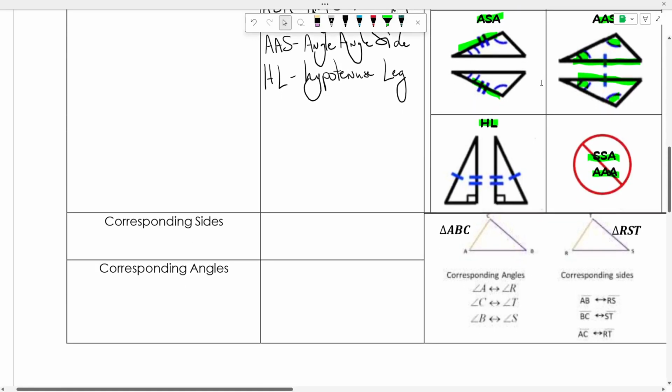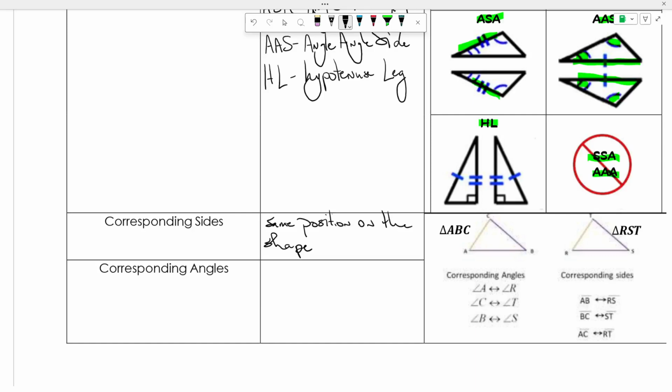Now the corresponding sides of triangles are the sides that are in the same position on the shapes. So they have to be in the same position on the shapes. And there are examples of these here to the right.